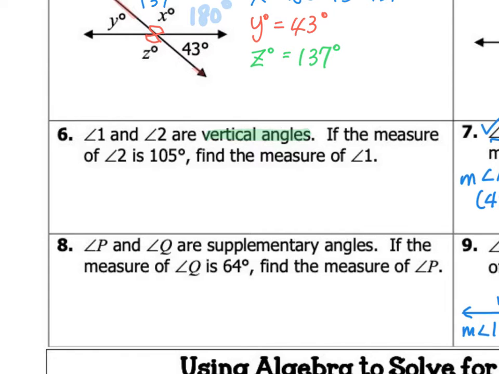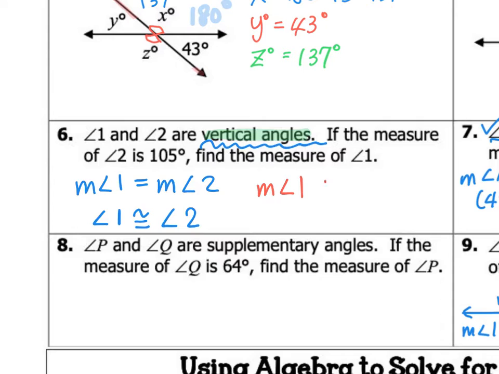So we can write the measure of angle 1 is equal to the measure of angle 2. We can also write angle 1 is congruent to angle 2. Why? Because they are vertical angles. So if angle 2 is 105, the measure of angle 1 is also 105.